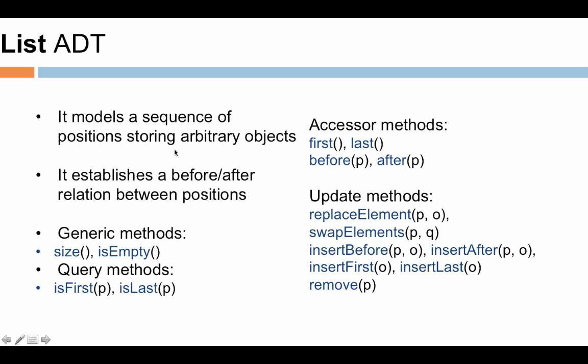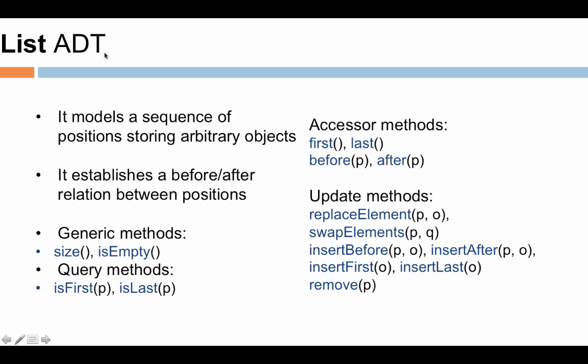Remember that it is a sequence of positions and it is not a sequence of values. It's a sequence of indexes, sequence of positions. For every position in the list, there is a well-defined before and after, except for the last position and the first position.